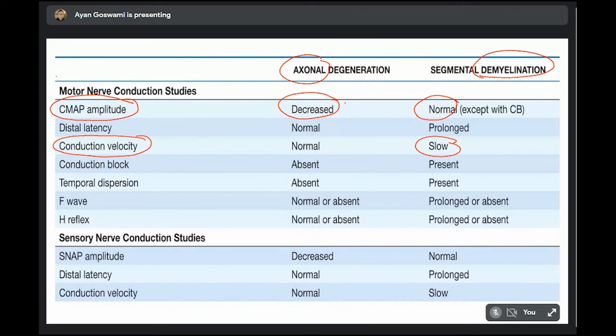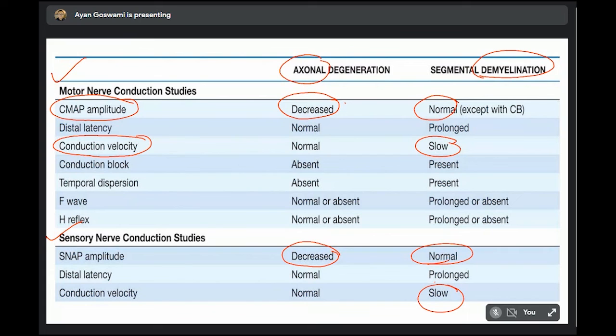And in case of sensory nerve amplitude, similar thing is applicable over here, that action potential amplitude will be decreased in case of axonal degeneration. It will be normal in case of demyelination. And the conduction velocity is always less during demyelination.